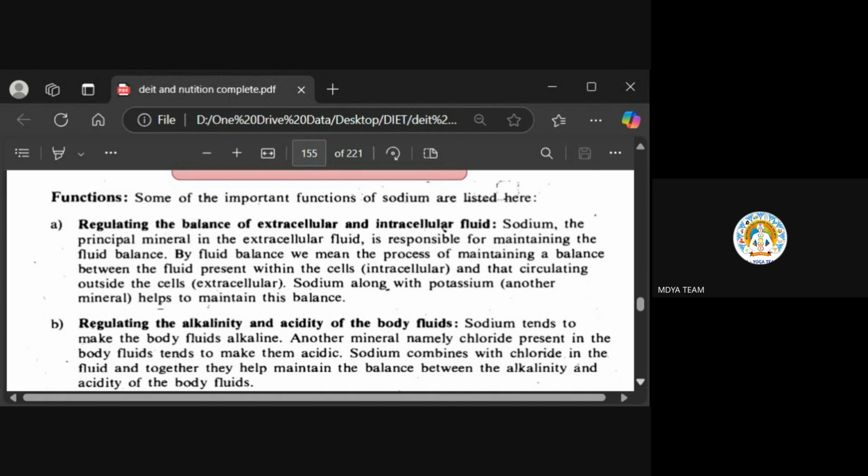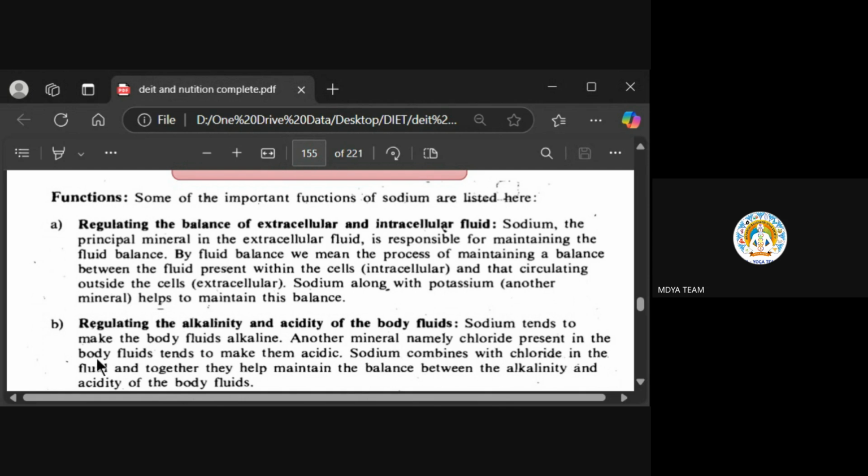Otherwise, our body plasma and all our body functioning may be affected because of that acidity. Sodium basically makes the body fluids alkaline, and another mineral, chloride, present in the body fluids, makes them acidic. So the balancing of both makes a neutral one. It should not be too much or too low.